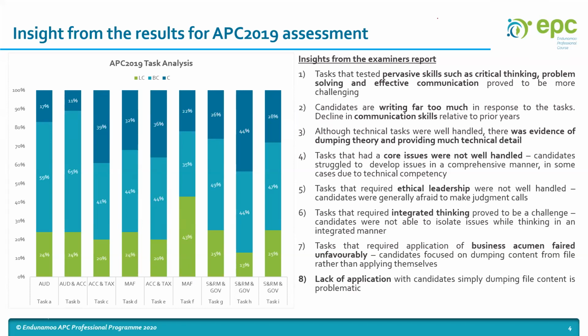And what the examiners are saying is that candidates are able to identify 2, 3, 4, but they are not dwelling on this core issue, such that even if those other issues are well handled, because you did not focus strongly on the issue that is at hand, it becomes very difficult for you to achieve a positive outcome on that particular task.